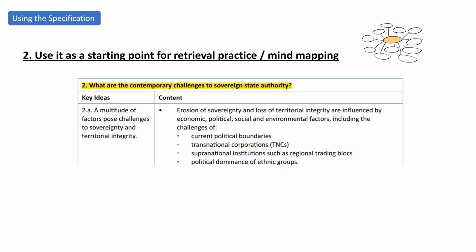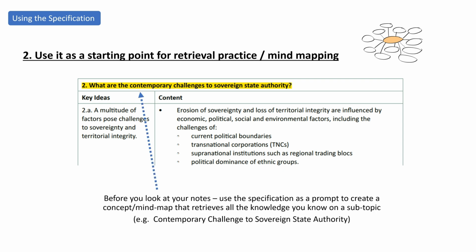That is a big question that could help with my revision. So what I would actually do with that is, before I look at my notes, I just look at that heading, and then I'd use that as a prompt to dump as much information as I can on a page in the form of a mind map to see what I actually know on that topic.